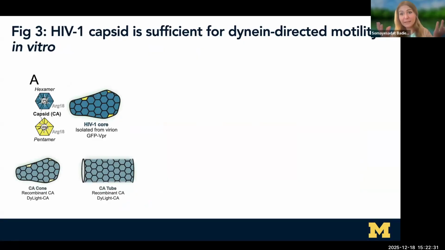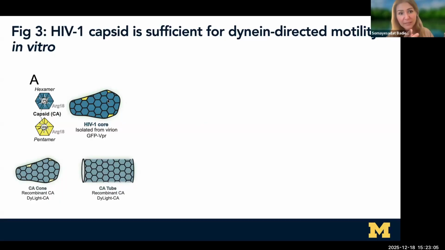So everything was from the purified HIV core, which has the capsid plus many other components inside the capsid. So the question was which part of the core is interacting. As I mentioned before, the core stays as a whole in the cytoplasm and won't break up, so the capsid of HIV should be the main target for interaction with dynein. The whole capsid is made of a single protein, known as P24, or shown as CA.